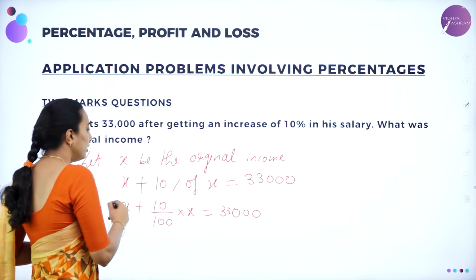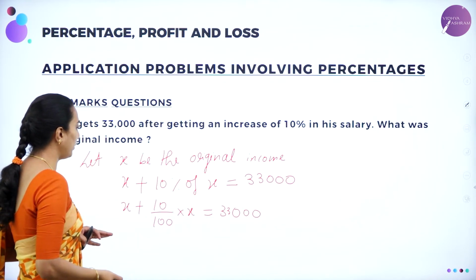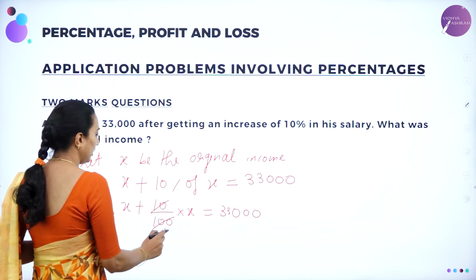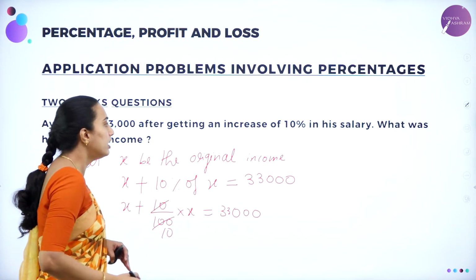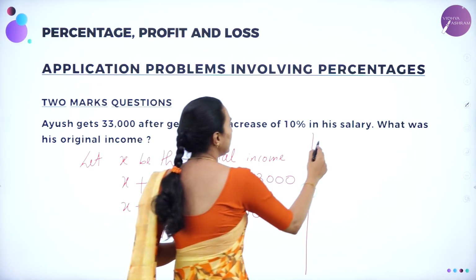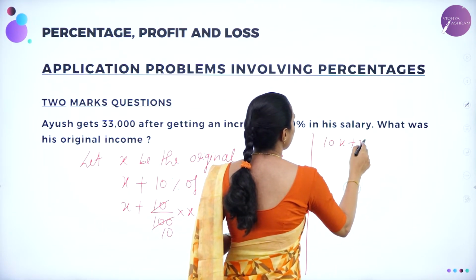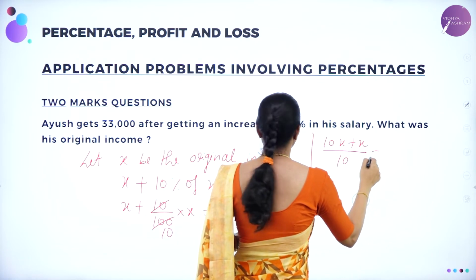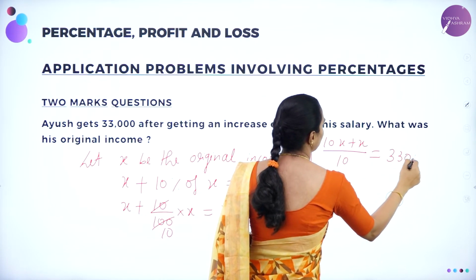Correct? Therefore, you can take the LCM if you want. Otherwise, you can cancel here: 10 ones are 10, tens are 1 by 10 into x. So it will be 10x plus x divided by 10 is equal to 33,000.